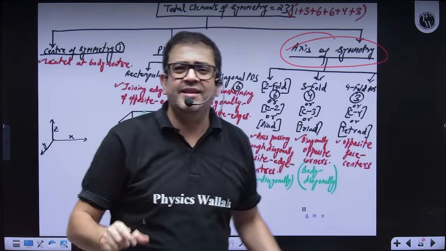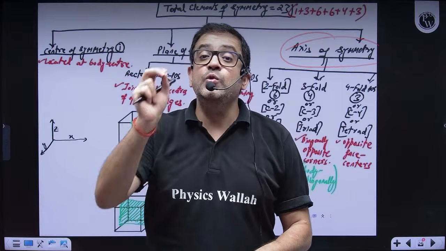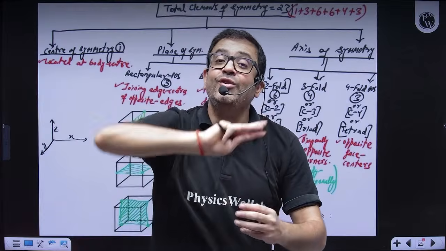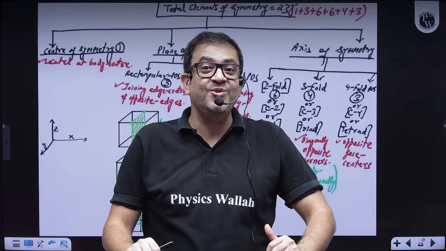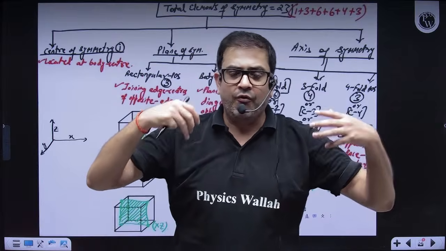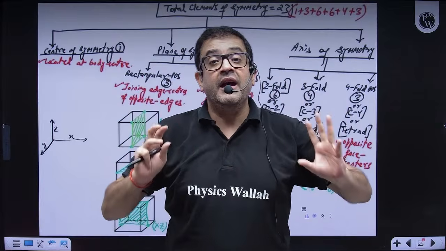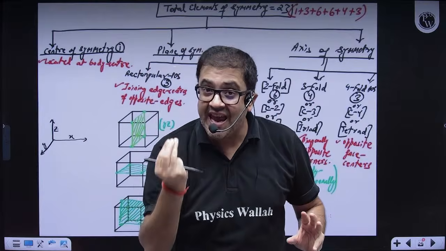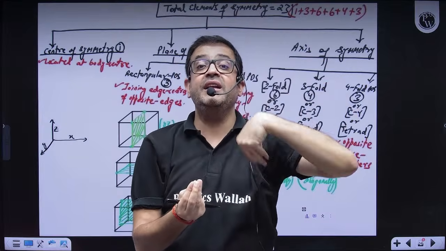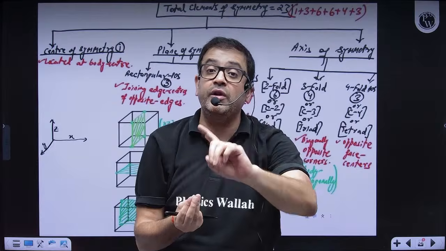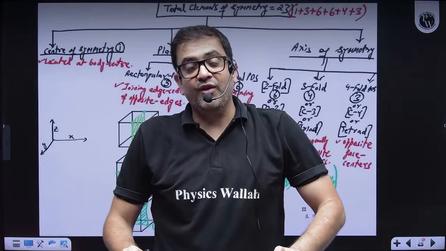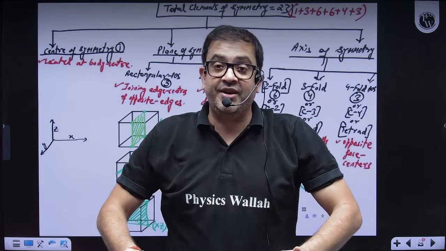Now, how do we define this axis of symmetry? The name is telling you: you choose any axis, and along that axis you rotate your cube. If after rotating you get the same cube in front of you, that is, if I choose an axis along which I rotate the object and get the same image of the object by rotating with some angle, that is my axis of symmetry.